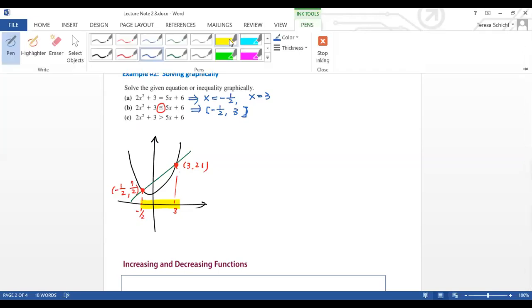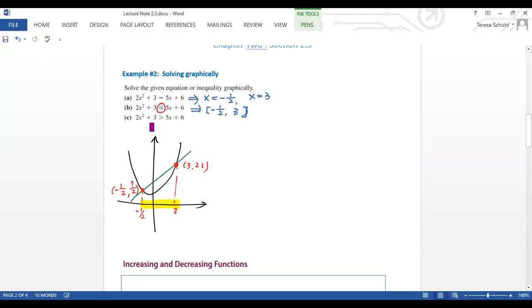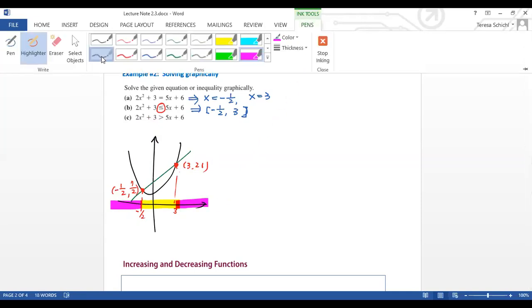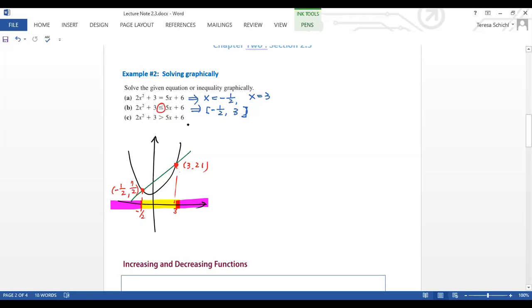Okay, so the same way, let's take a look. Where is the parabola greater than, right? So the parabola greater than, that means the parabola is above the line. So it will be here and here. All right, so what are our solutions here? And because it does not have an equal sign, let's try to write the solution.